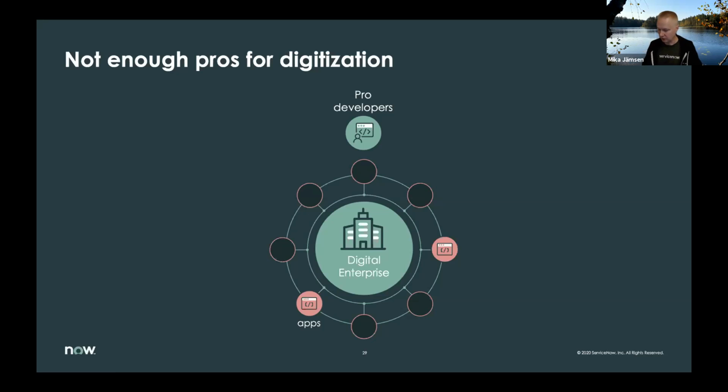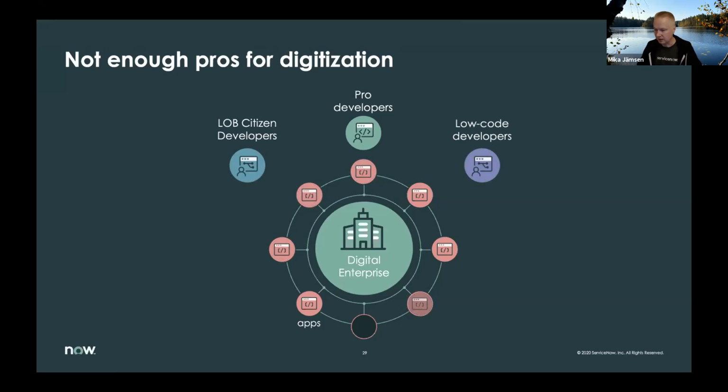So a few applications, but given the new trend that organizations and companies need a lot more applications today, that's why we see a bigger trend for this, and also we are reacting to this trend. So for this need, we need something called line of business citizen developers, as well as low-code developers.